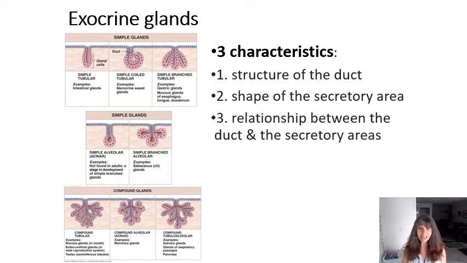Some may be shaped like little sacs, so we refer to those as alveolar or acinar, and they can be compound. I'm not concerned that you memorize the fact that sebaceous glands are simple branched alveolar exocrine glands. That's too much minutia, but I did want to point out on this slide that they come in different shapes and sizes. That's important to understand.